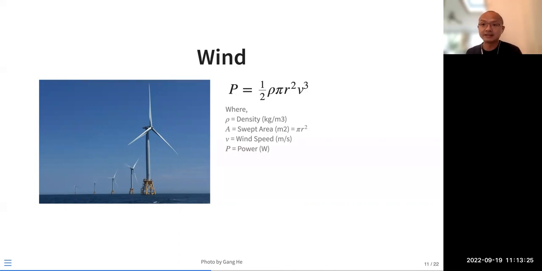As you can see here, the larger the rotor of the turbine, the larger the power, and that relationship is a square relationship. And the larger the wind speed, the larger the power from wind, and the relationship is cubic.